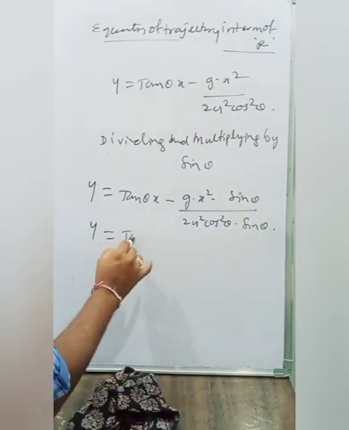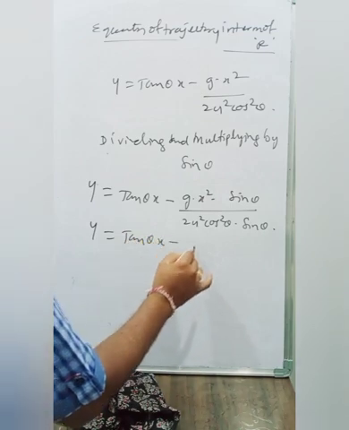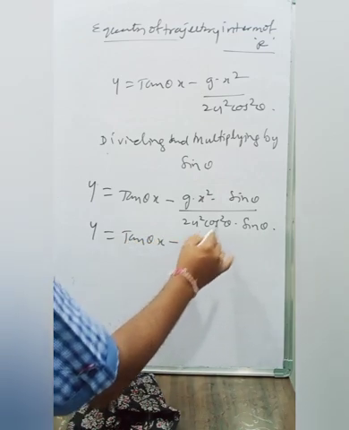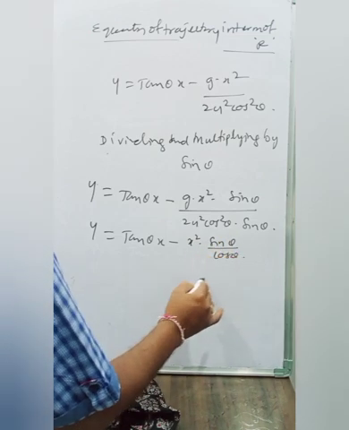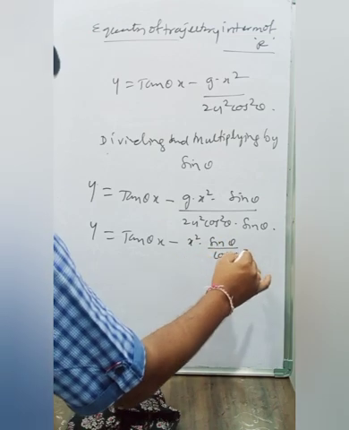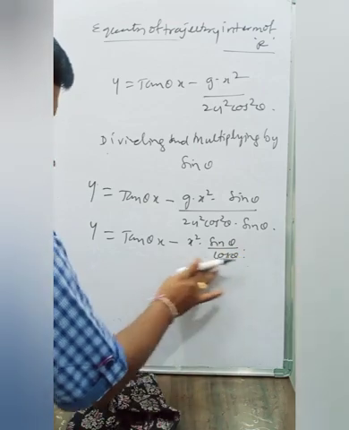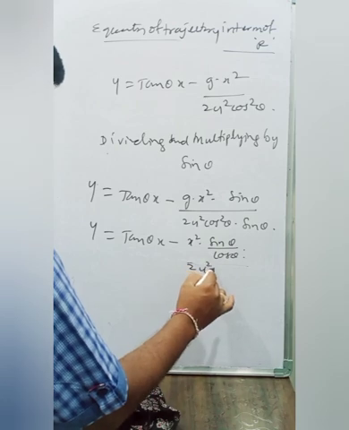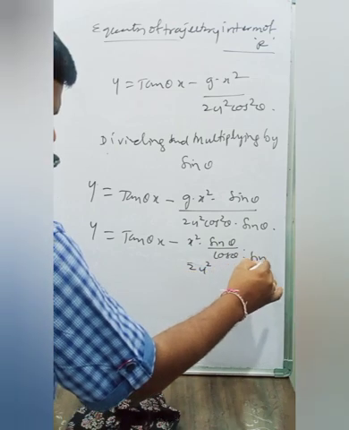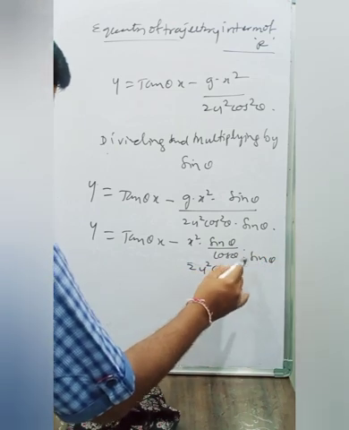Y is equal to tan theta x minus x square, here sin theta by cos theta by 2 u square sin theta cos theta.